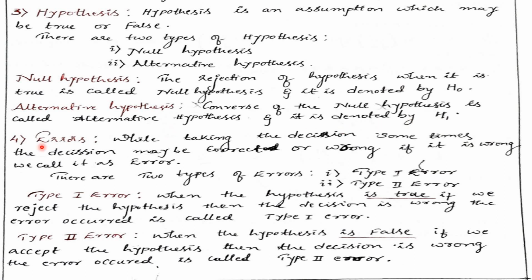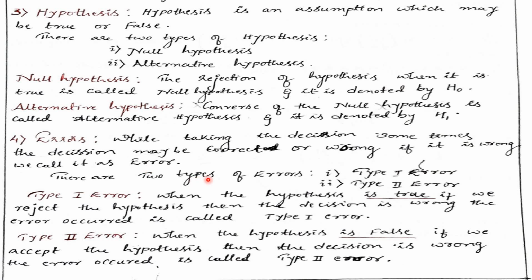Next definition, errors. While taking a decision, the decision may be correct or wrong. If it is wrong, then we call it an error.